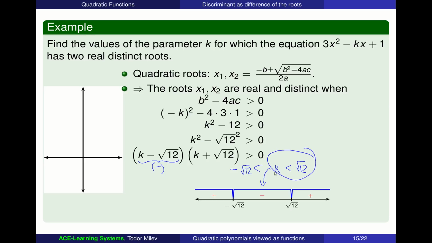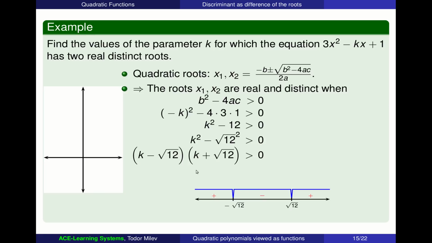And if k remains bigger than negative radical of 12, that expression here is positive. So when k is between negative radical of 12 and radical of 12, we have something negative times something positive. So altogether, this expression is negative when k is between negative radical of 12 and plus radical of 12.